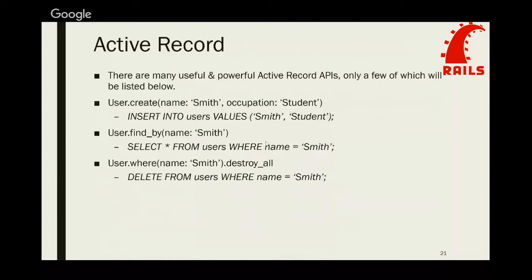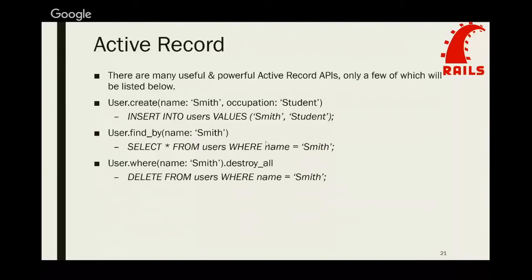Yeah. So there are some simple examples about ActiveRecord. Basically, we'll talk about the wrapper of the SQL query here. Insert into users with values of Smith and students. If you just want to write a raw SQL query, you can write it like that. But anyway, to just create a new user, what if we just call the user.create method?